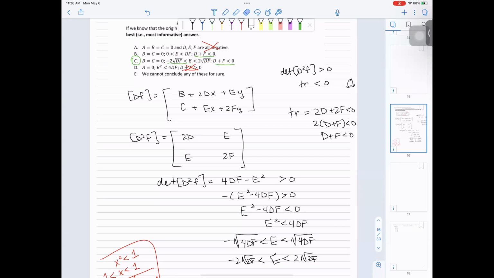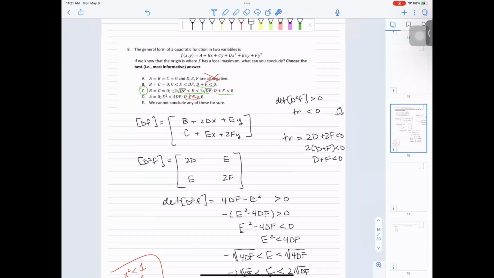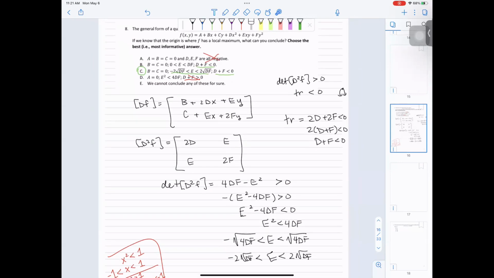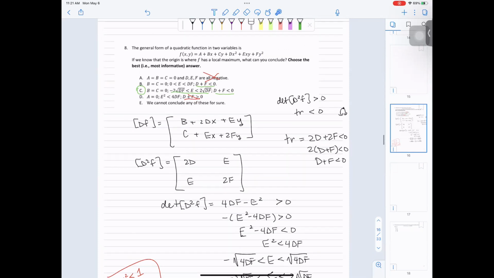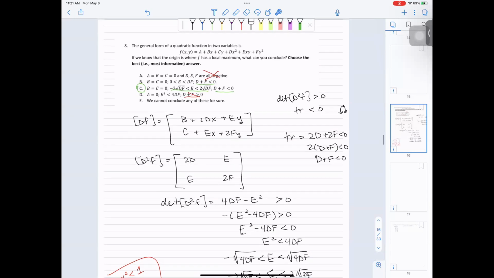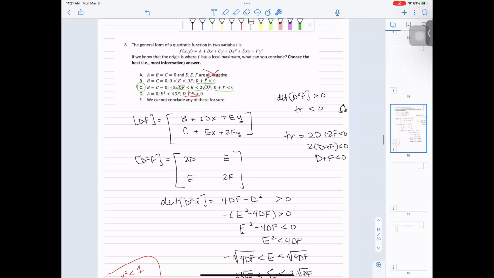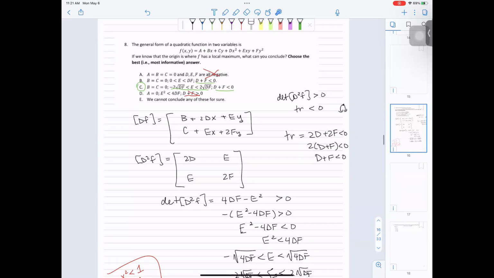Because we have this condition from the determinant, and we have that trace condition. Okay, questions? How do we know for sure that b equals c equals 0? It works, but we are supposed to know for sure.